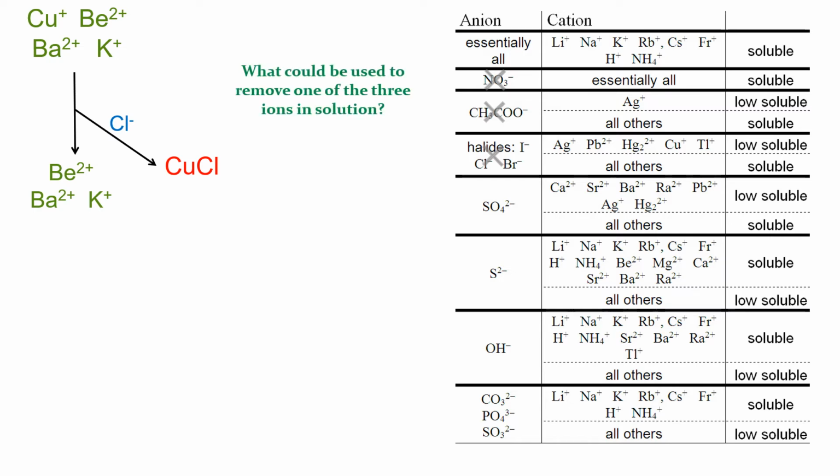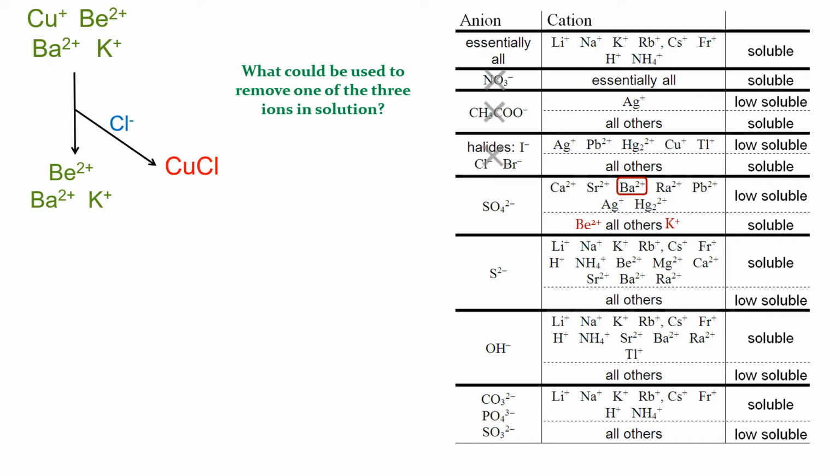Now, what could be used to remove one of the 3 ions that still remain in solution? Well, if I look at sulfate now, because I've already eliminated nitrate, acetate, and the halides as usable, so I'll go down to sulfate. Sulfate, well, Be2+ is in the all others category. Ba2+ says it's low soluble, and K+ is in the all others category, so it is soluble.